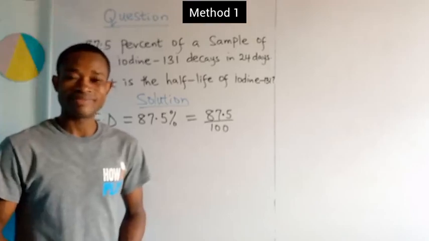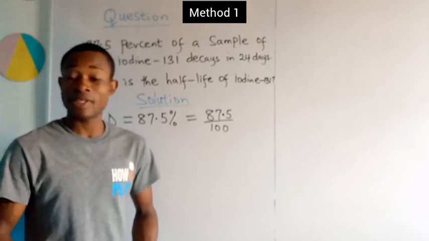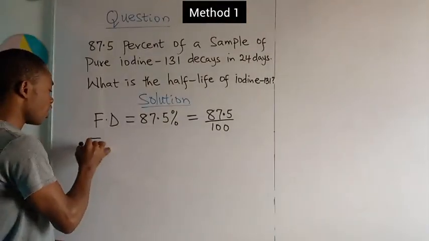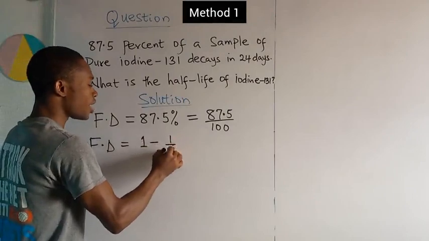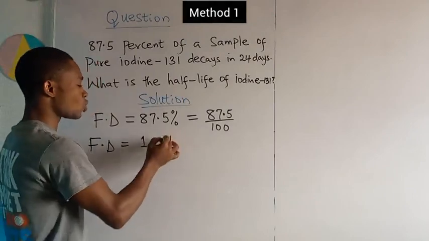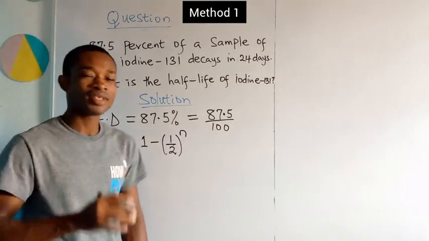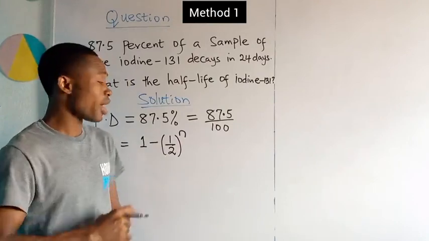But did you know the fraction of any radioactive sample that decays in any given time has this formula? Fraction decayed equals 1 minus 1 over 2 raised to power n. This is interesting. You want to know this formula, so memorize it.